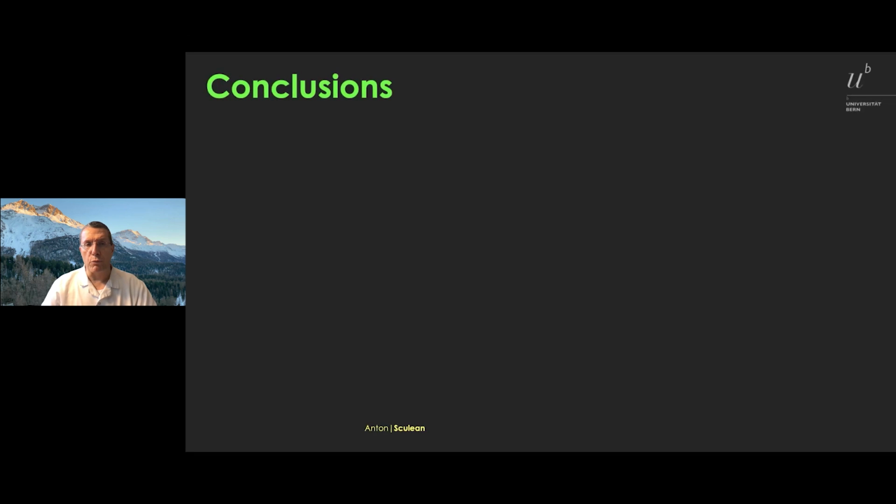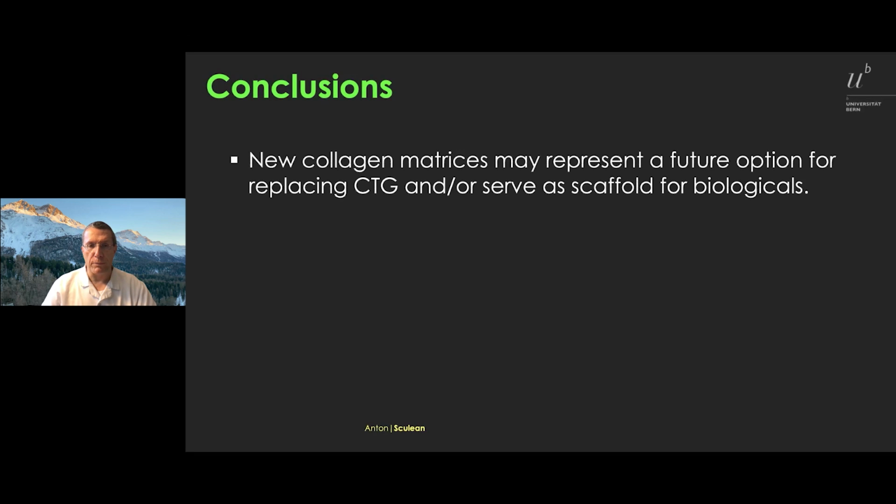So let me come to some conclusions, dear colleagues. I was hoping, or I hope to provide you new evidence showing that new matrices, new collagen matrices may really represent a future option for replacing connective tissue grafts or to serve as scaffolds for biologics and, of course, for cells.